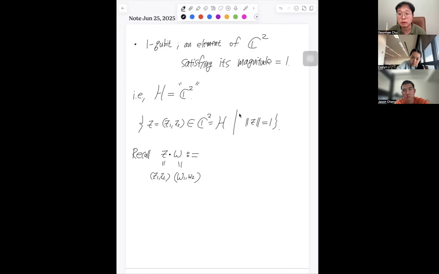I assume you saw this before, but you might not be familiar with the setting of complex numbers. The real numbers case, you are already very familiar with. So we will define this so-called Hermitian inner product.